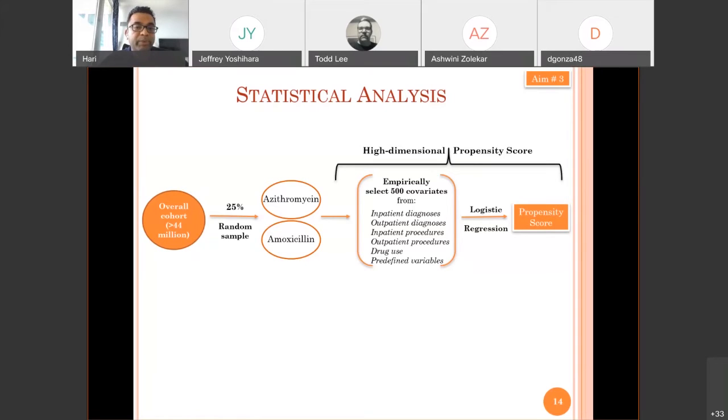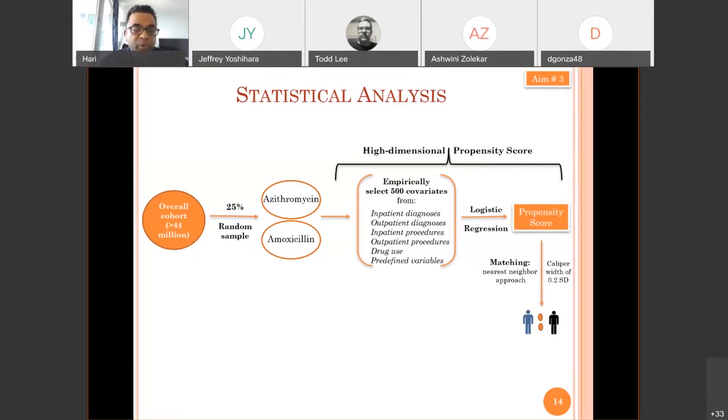And then we also predefined some of the variables that were thrown into the propensity score model. And based on these, using logistic regression, we generated a propensity score. Again, it's the probability of patients receiving azithromycin versus amoxicillin based on these covariates.